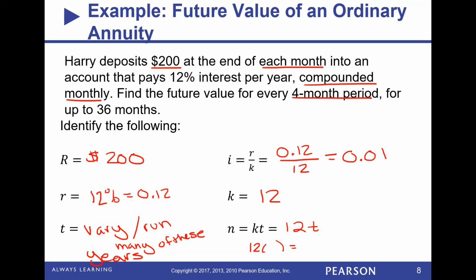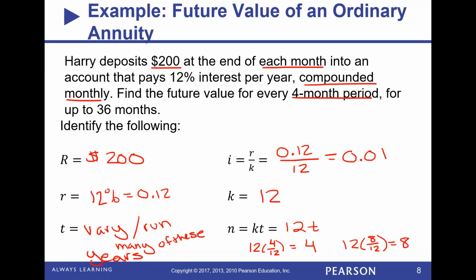And like I said, this is where people throw themselves off with this one. This is actually going to be 4/12. So for the first 4-month period, I've only made 4 payments. Okay. And again, when I do the next 4-month period, I'm going to start at 8 over 12. It should be basically 4 months have passed, 8 months have passed.